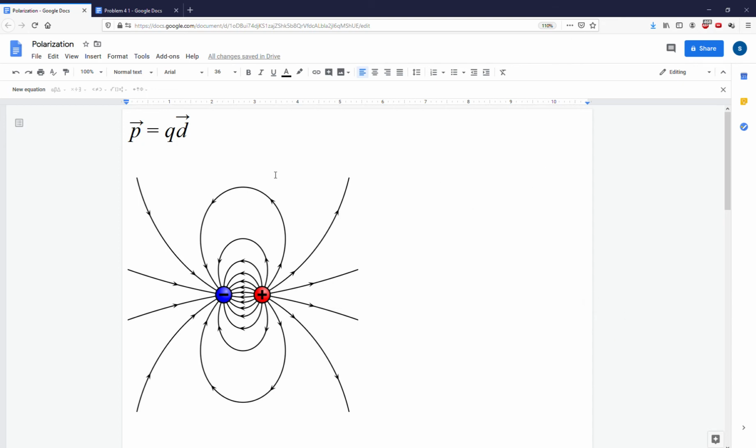So a dipole, often modeled as in this picture here, is made of two charged objects with equal magnitude and opposite sign charges, slightly displaced.